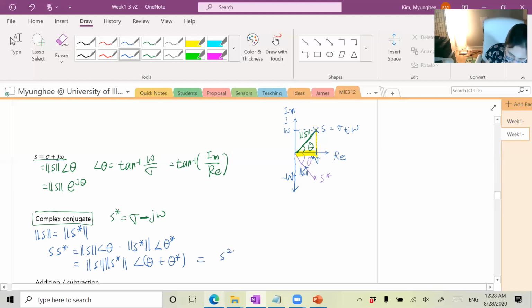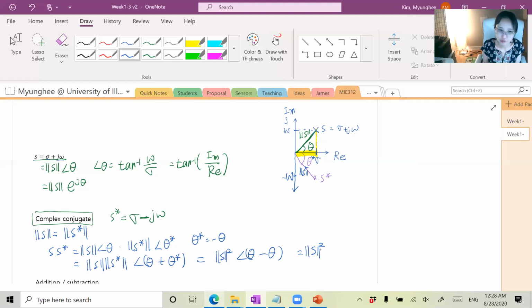This becomes S squared angle theta minus theta, because this theta star is nothing but negative theta, so it becomes S squared. So this is an important property, which you will see soon for multiplication. If you multiply two complex numbers, you multiply the magnitudes and add the angles.